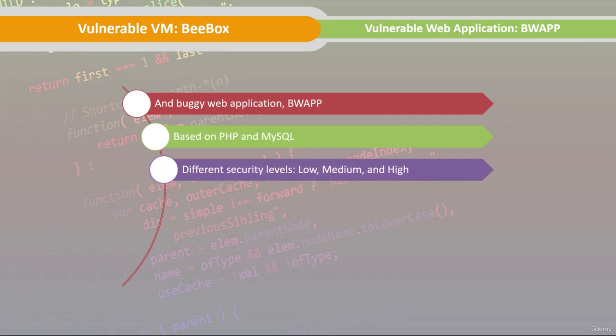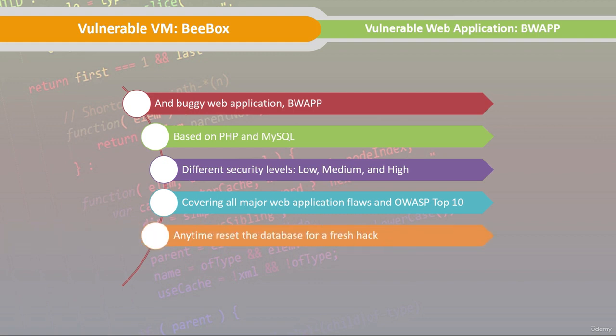It has three levels of security, low, medium, and high, and each level demands different skills. It covers all risks from the OWASP Top 10 project, with all major known web vulnerabilities, such as XSS, CSRF, SQL injection, file injection, upload flaws, and many more. At any time, you can easily reset the database if you want to start over again.